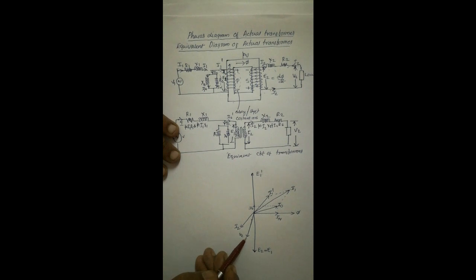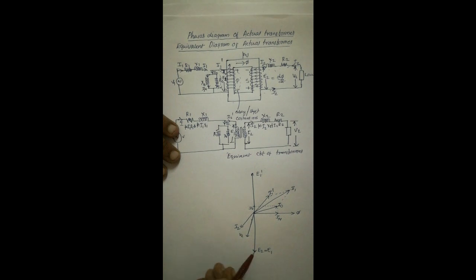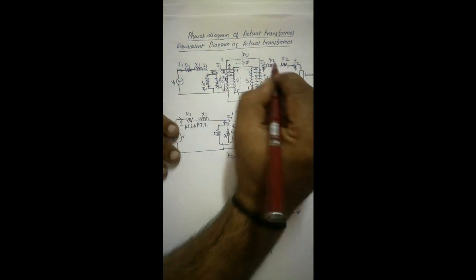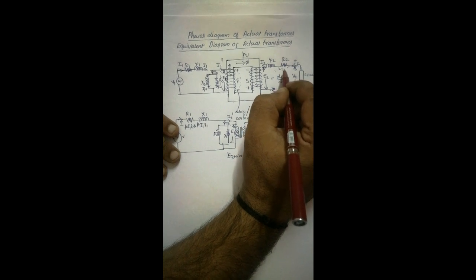Once we add the drop across the secondary side resistance and reactance, we will get E2. The secondary side resistance drop I2 into R2 is always in phase with the current. This is I2R2, in phase with current I2. Then we take this vector from here and keep it here. This is I2R2.